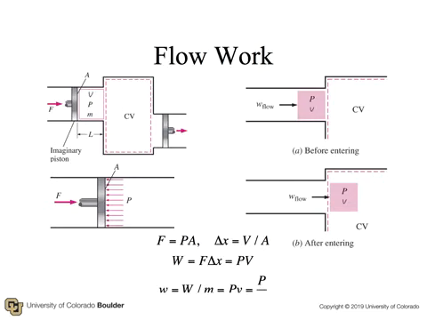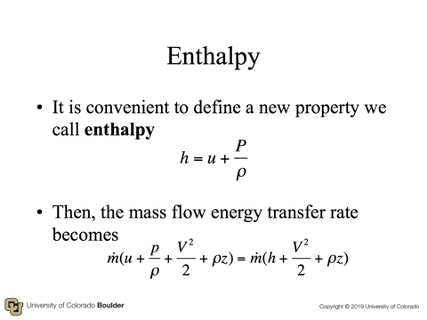We more commonly express the flow work on a per unit mass basis so that it becomes the pressure times the specific volume, or equivalently the pressure divided by the density. It turns out to be useful to introduce a new property called the enthalpy as the sum of the internal energy and the flow work, or H equals U plus P over rho.